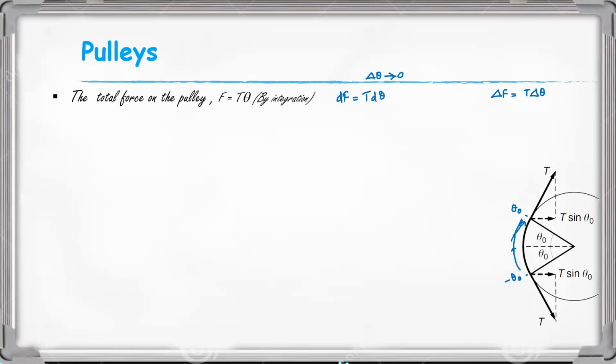So we can write F is equal to the integral of df, that is equal to the integral of T d theta. The limit is from minus theta 0 to theta 0.